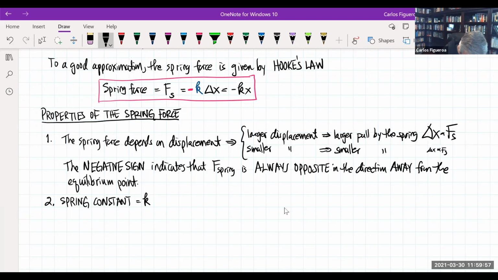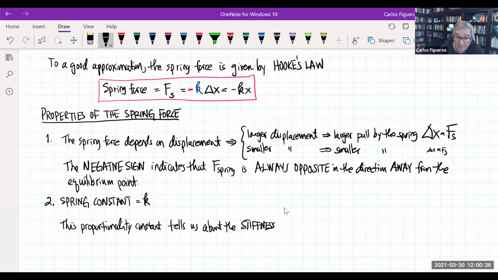So here we go. So what does the spring constant tell us? This proportionality constant tells us about the stiffness of the spring.